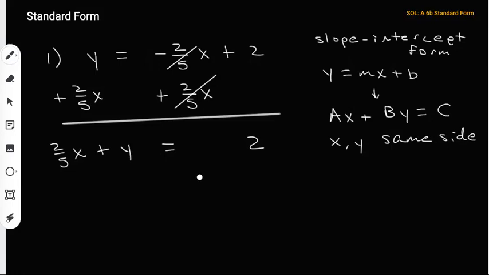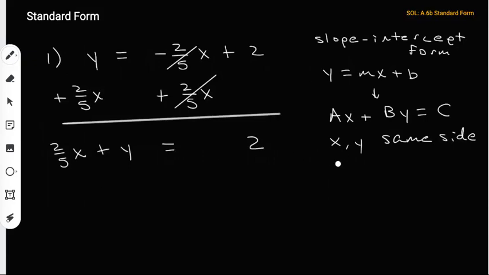So now what I want to do is I want to make sure that the numbers that are in front of the variables are whole numbers. Basically, I want to get rid of this fraction right here. So if I want to get rid of the 2/5, what would I have to do to both sides?